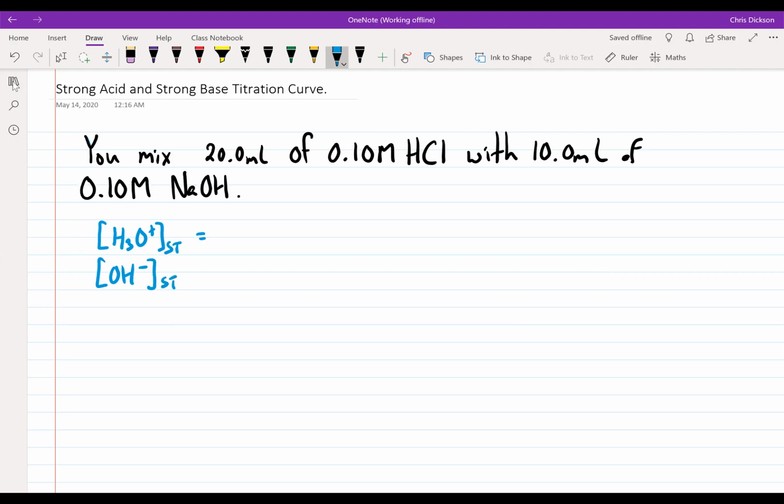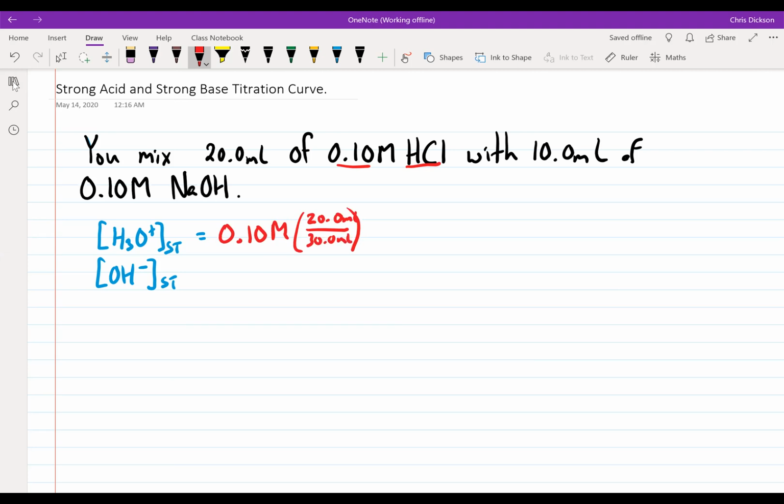For hydronium, it would have to come from the HCl, so that is 0.10 molar times a dilution factor of 20.0 mils over 30 mils.